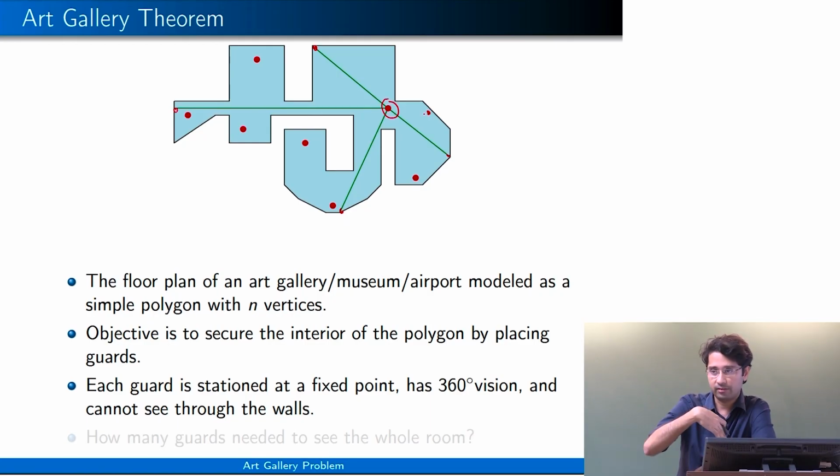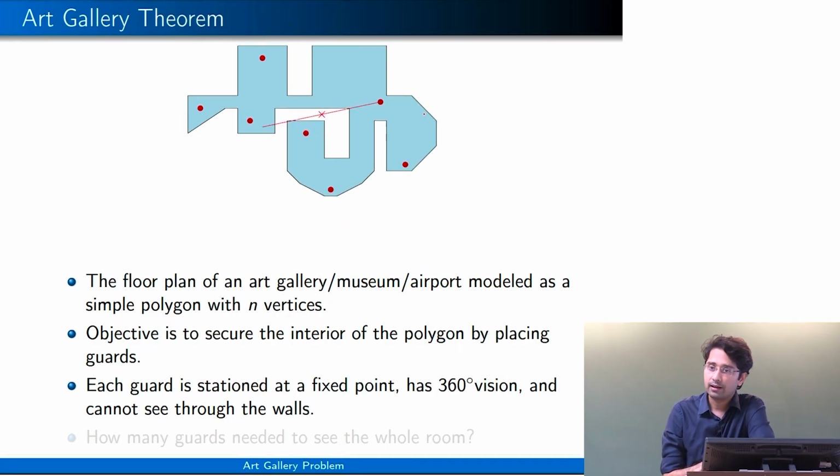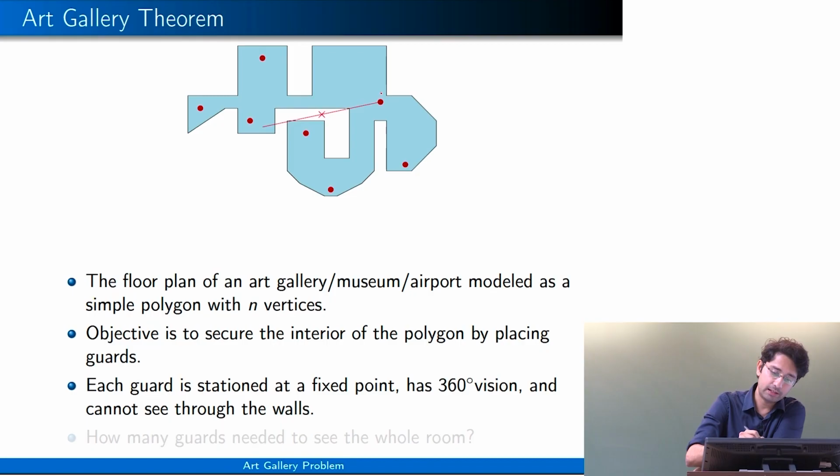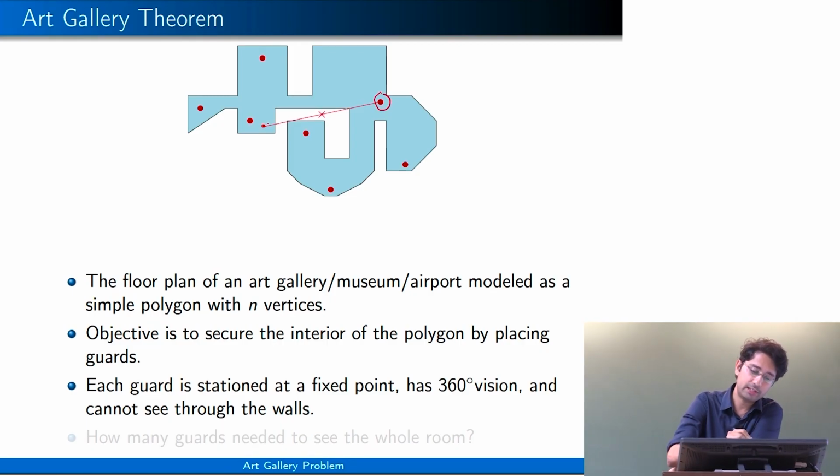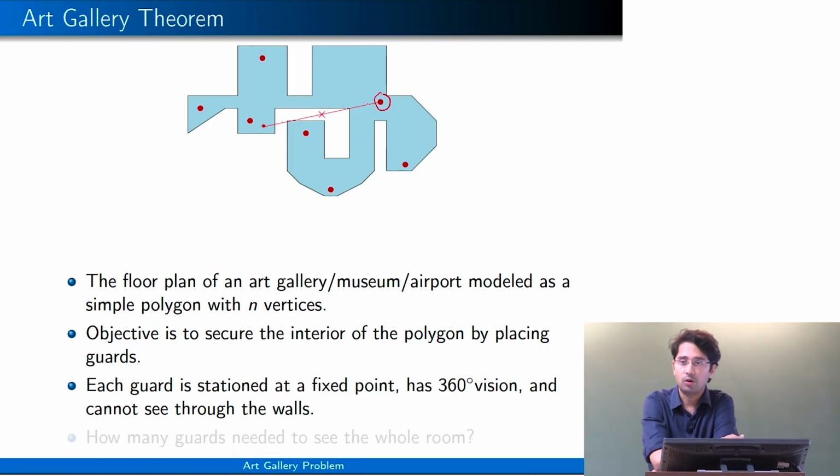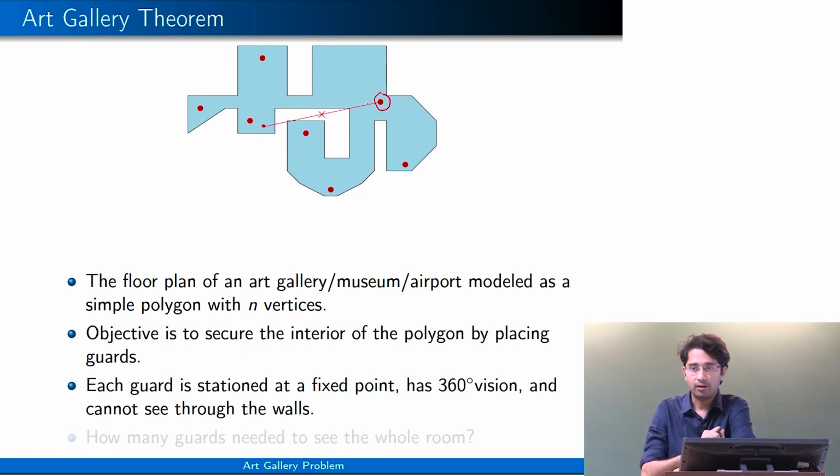It has a 360-degree angle of view, but none of the guards are able to see through the walls, which makes sense. For example, the guard here is not able to see a point here because a wall is blocking his view. Otherwise, it can see all the points 360 degrees around himself.